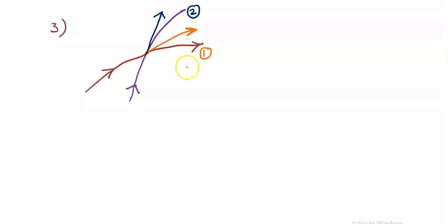So we are able to draw two tangents at the point of intersection, but only one tangent can pass through one point.